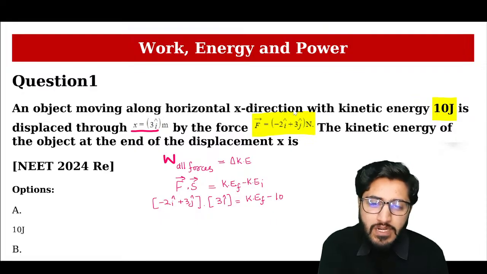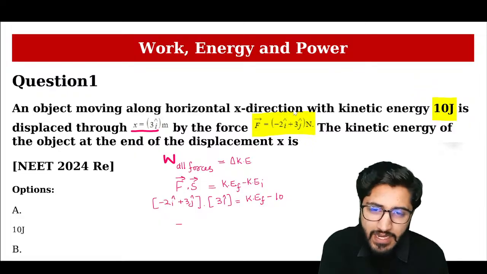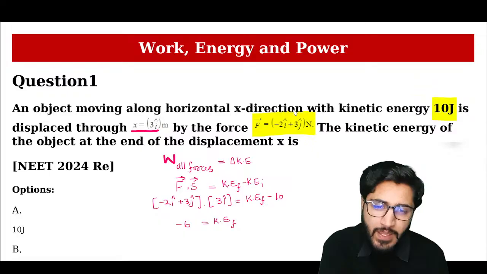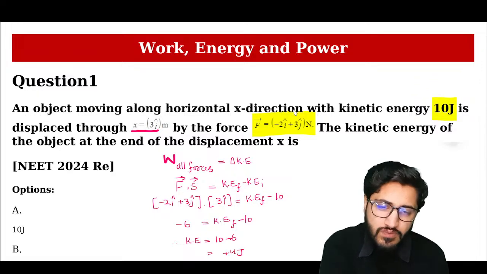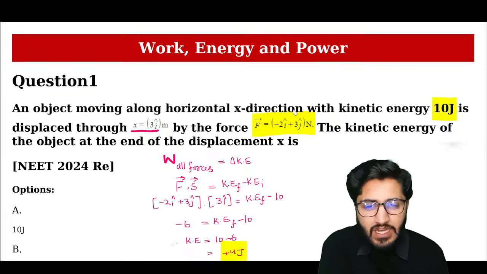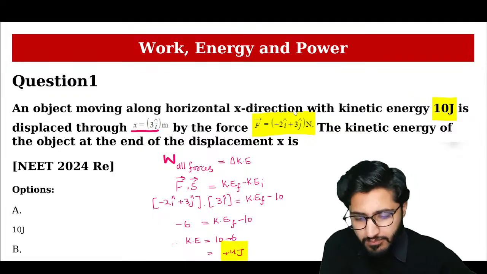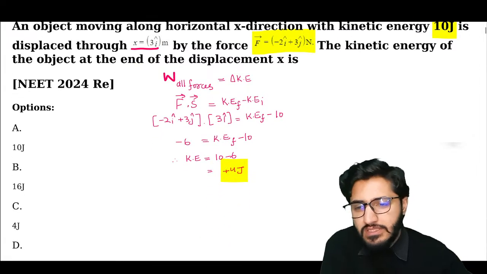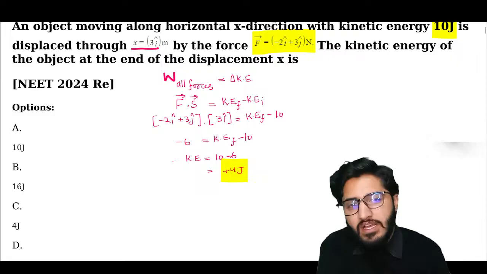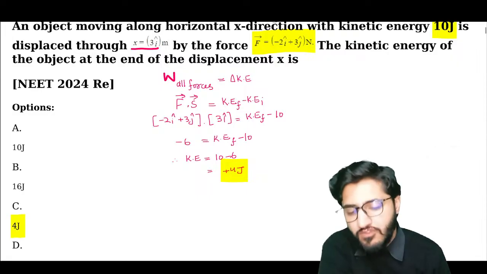So 2 multiplied by 3 is 6, so I can write minus 6 is equal to kinetic energy final minus 10. Therefore, kinetic energy final is 10 minus 6, which comes out to be plus 4 joule. So plus 4 joule is my answer, that means answer C. Easy, beta?